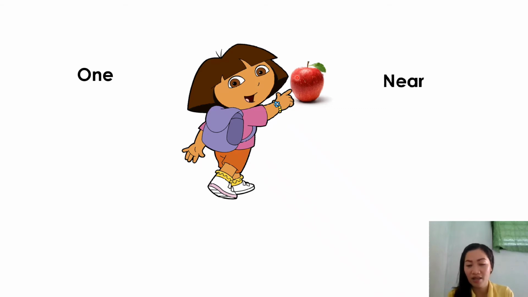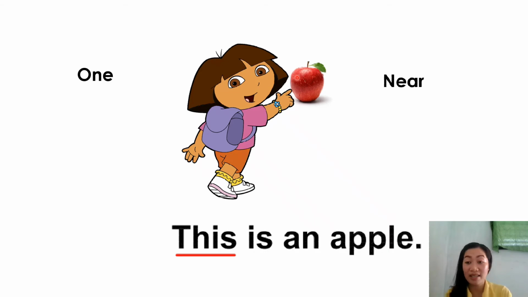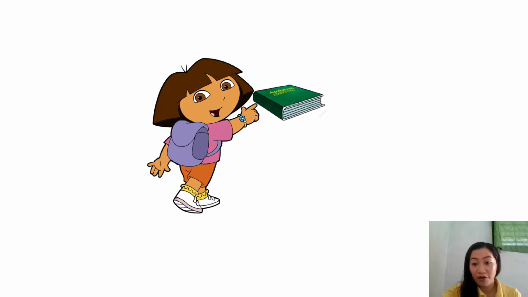It's near, right? So when we make a sentence, we will say, this is an apple. This means it's near. We use this because it's singular. This is an apple.